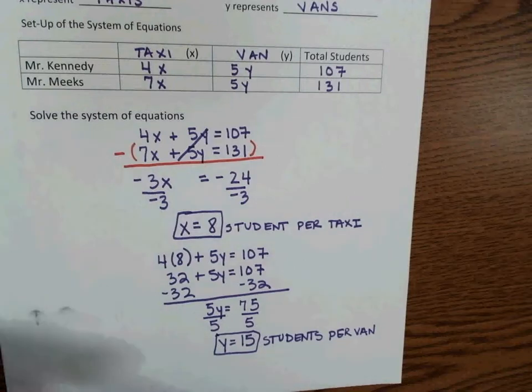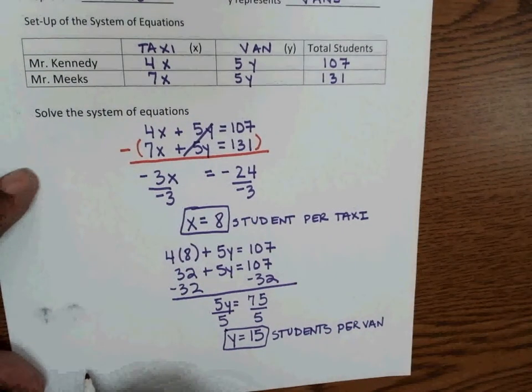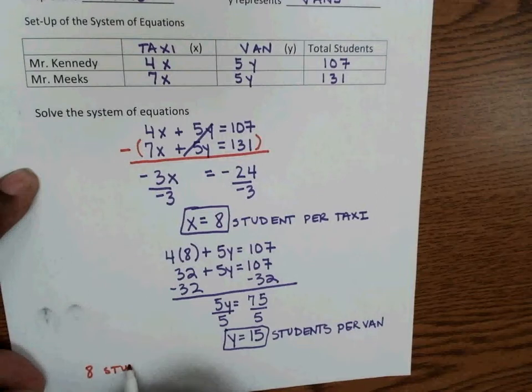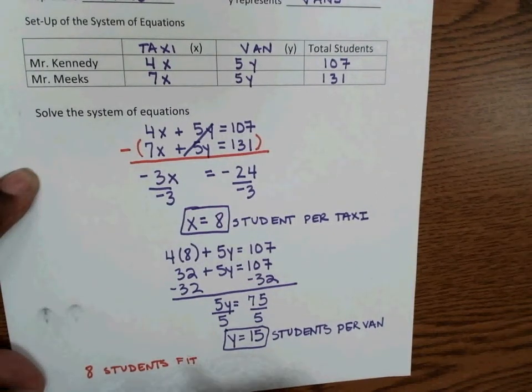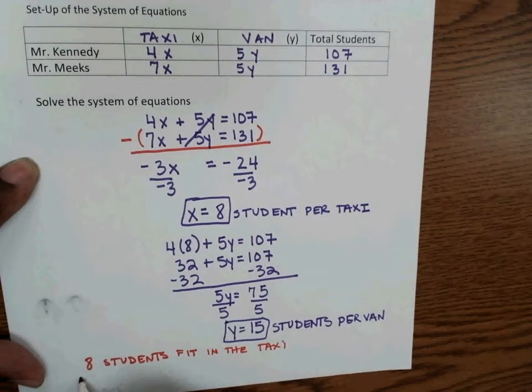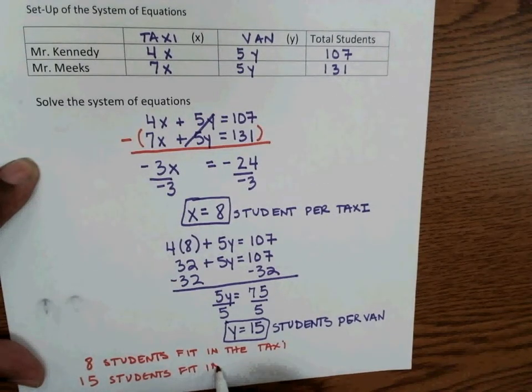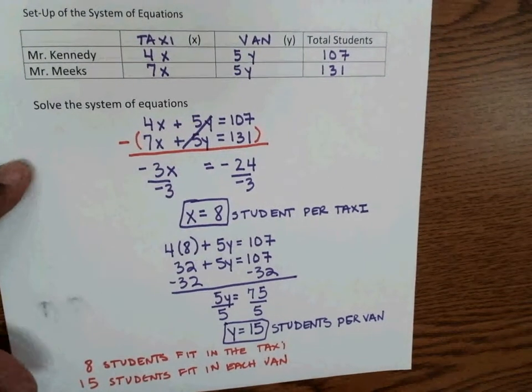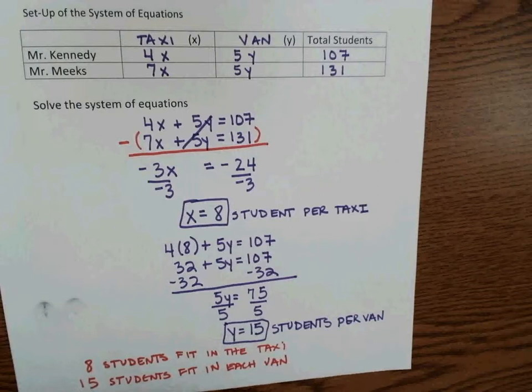So the two questions we would be answering would be 8 students fit in the taxi, and 15 students fit in each van. There, with our solution to our system of equations vehicle passenger problem.